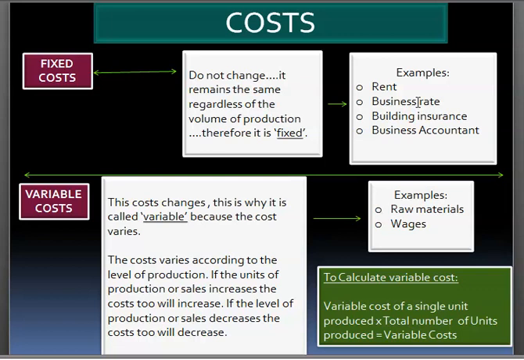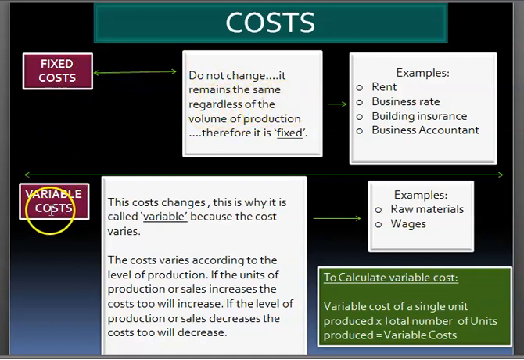They don't say, well, because you're going to produce more or less, we're going to have to increase it or reduce it. So it is fixed. That is why this kind of cost is fixed. They don't change according to the volume of production. They don't change because of any reason. They remain the same. That's why it's called fixed cost.